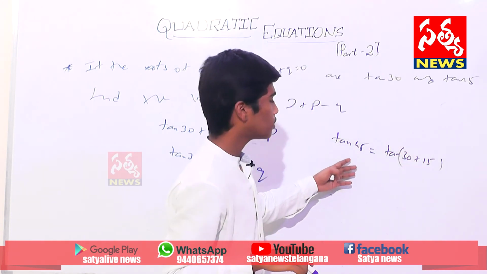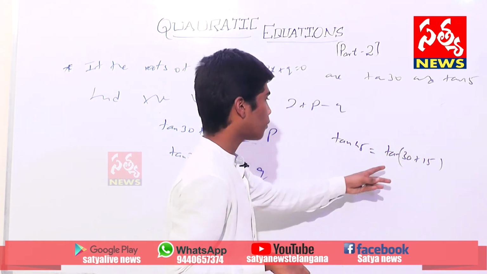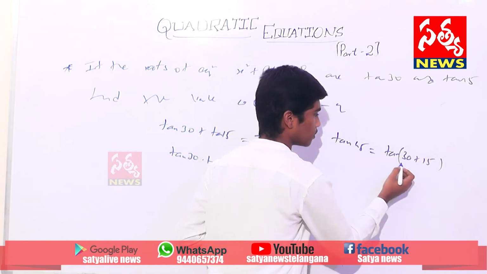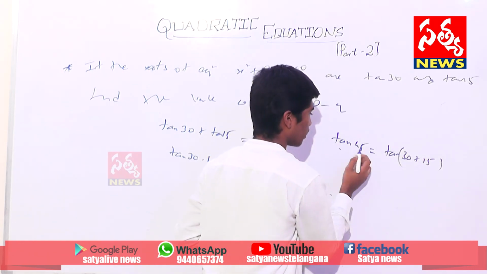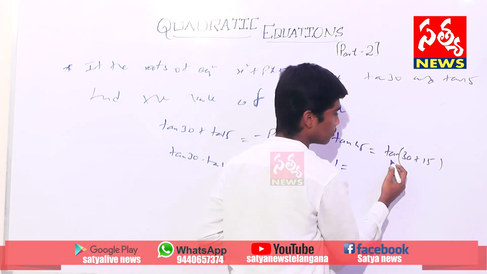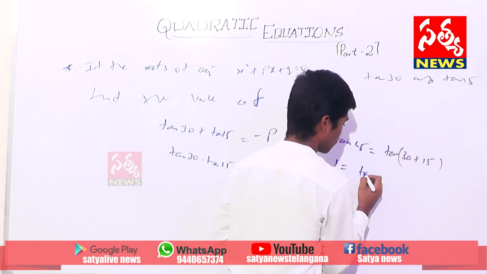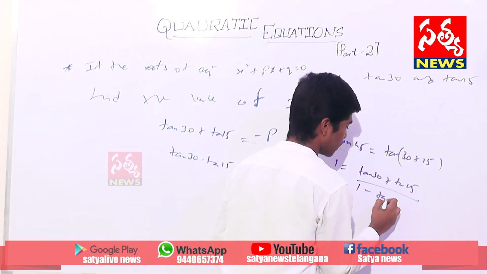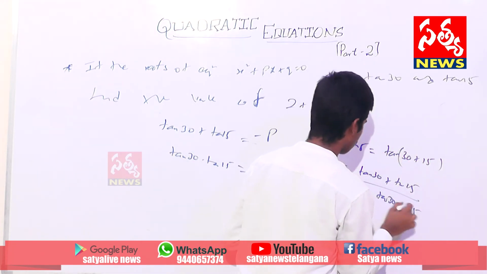See, now we are using trigonometry formulas and the quadratic equation concept. Tan 45 is equal to tan of 30 plus 15. Tan 45 is 1. 1 is equal to tan of a plus b, which is tan a plus tan b by 1 minus tan a tan b.